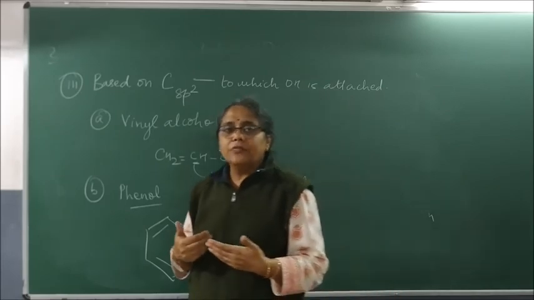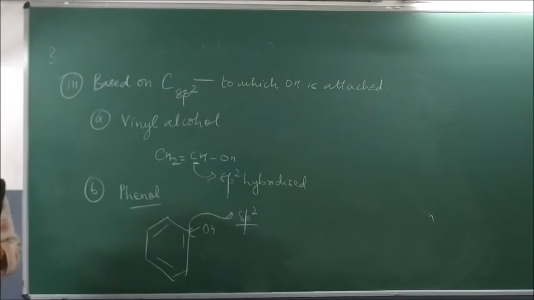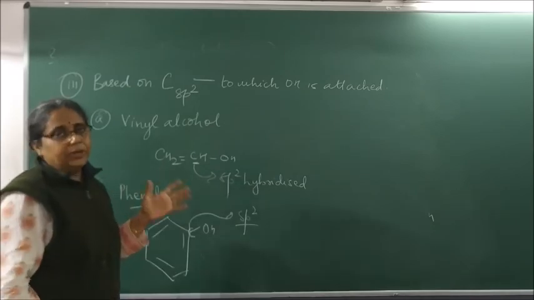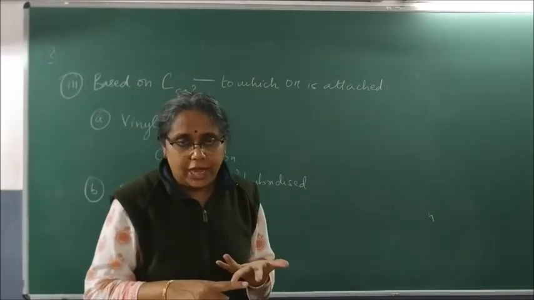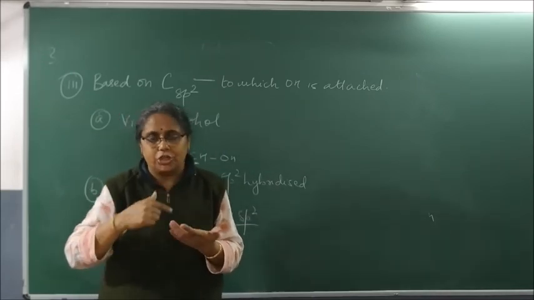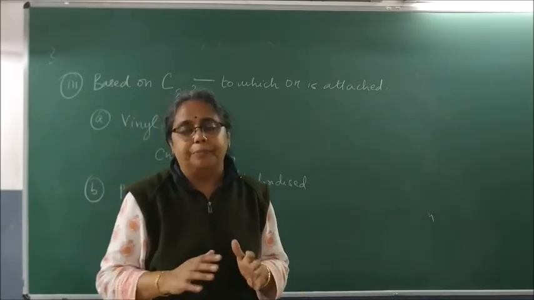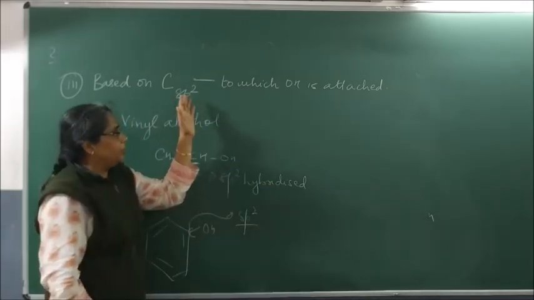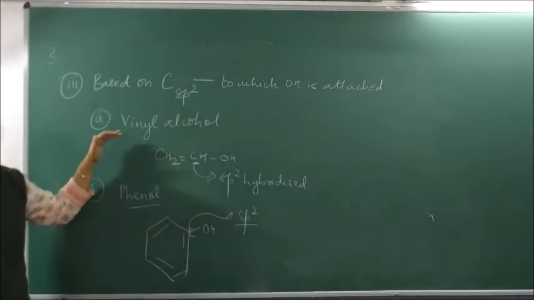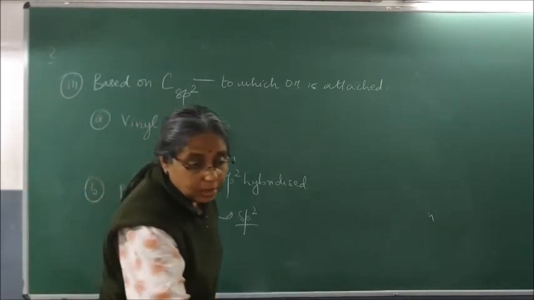Then we did classification based on the hybridization of the carbon atom to which OH is attached. If it is an sp3 hybridized carbon, we have primary, secondary and tertiary alcohol, allyl alcohol, and benzylic alcohol, each of which can again be primary, secondary and tertiary. If the carbon is sp2 hybridized, then you have vinyl alcohol and phenol. Phenol is also called carbolic acid.